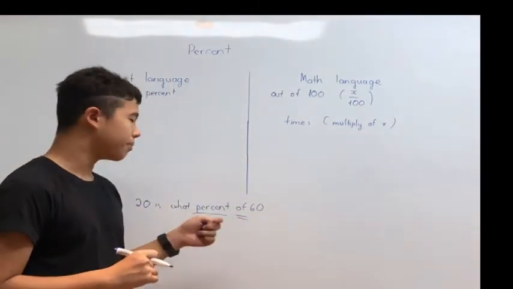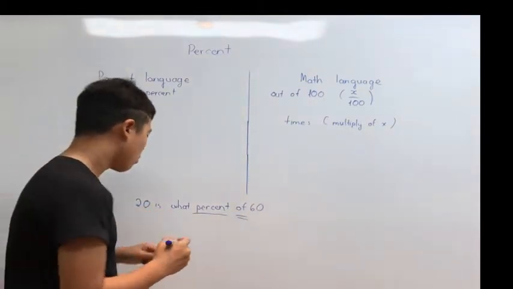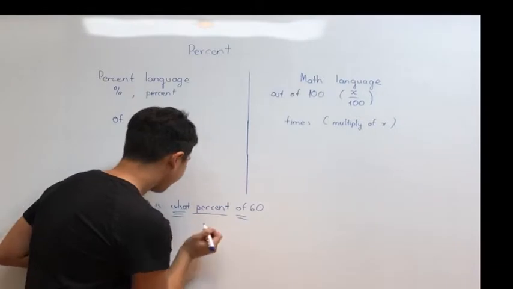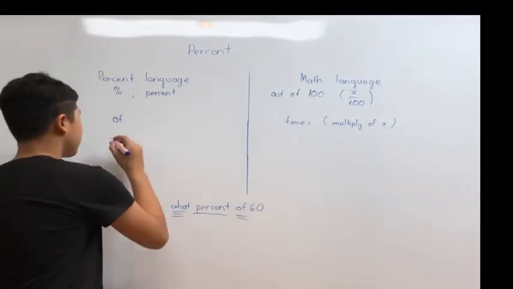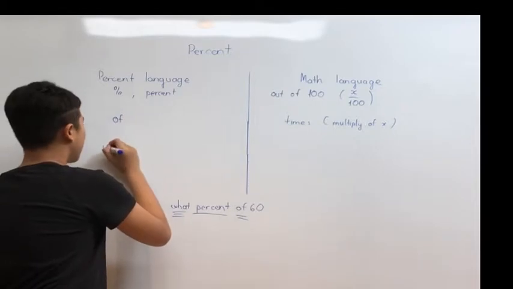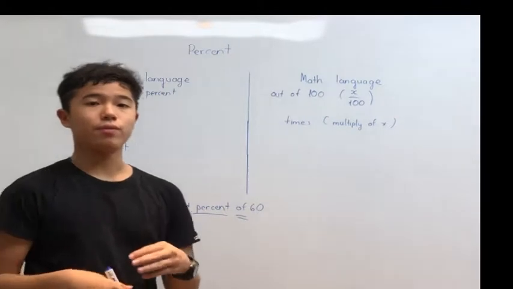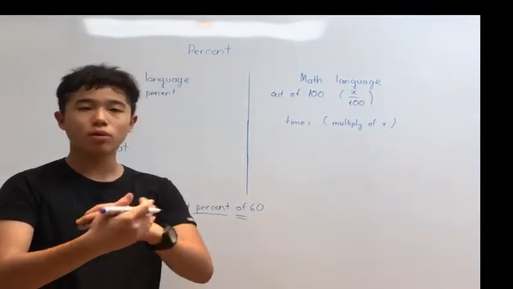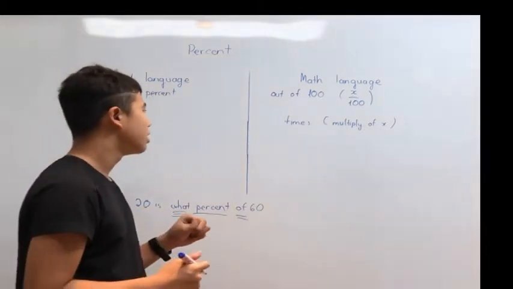The next one you must focus on is the word what. What is going to be your favorite variable. So the word what is basically the answer for the equation.